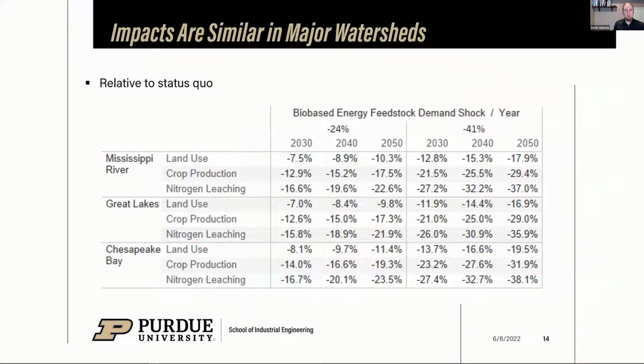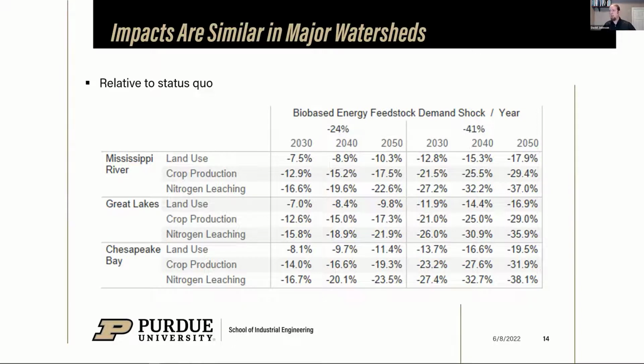If we wanted to then zoom in on particular watersheds, the Mississippi River Basin being one of interest related to the hypoxia task force, but then if we also wanted to look at impacts in the Great Lakes and potentially translate this to looking at the risk of harmful algal blooms, then we could do that. Same in the Chesapeake Bay.